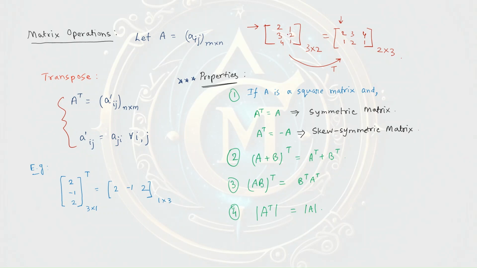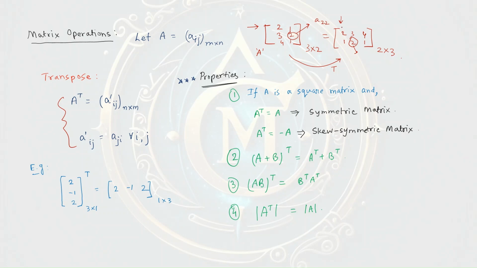For example, let's say this matrix is A. So this element is A, and this is the second row and the second column, so this is A22. Now here this element becomes this. If we interchange the row and the column, 2 2 becomes 2 2 itself.